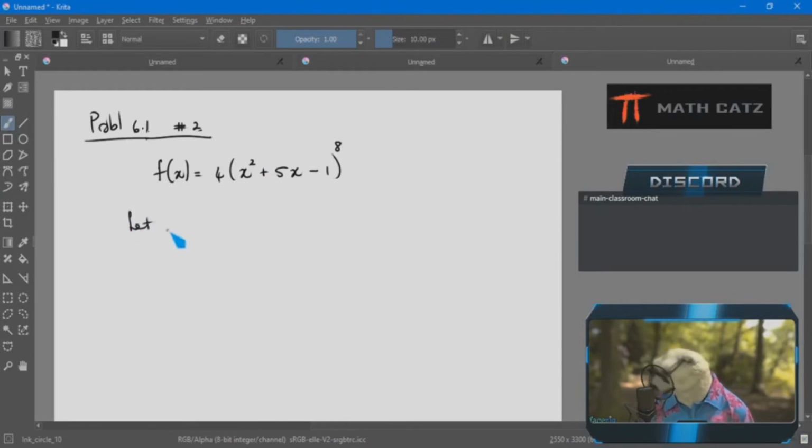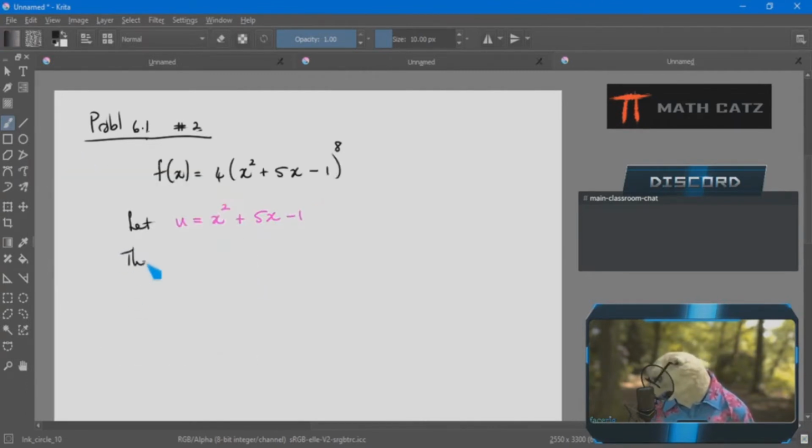So I say, let's actually get more creative with the colors. And let's say my pink is my inside function. The obvious choice, x squared plus 5x minus 1, right? There's no other choice, really.